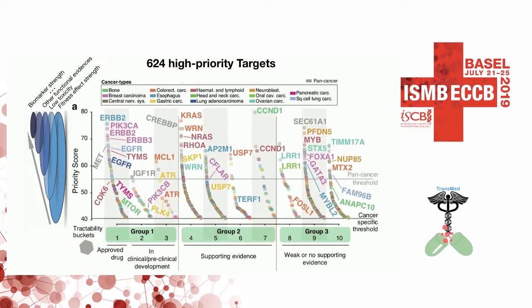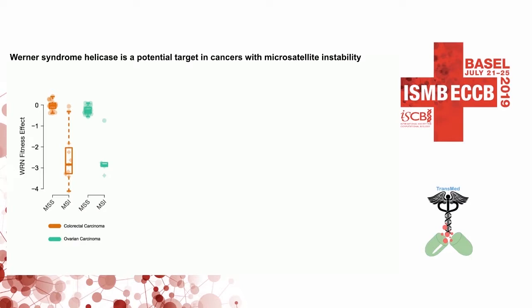We picked two of the best cases in ovarian and colorectal cancer: the Werner gene, which ranks really high, comparably to KRAS, in colorectal cancer and in ovarian as well. We put it forward for further experimental validation, finding that there is a strong marker for the essentiality of this gene, which is microsatellite instability.